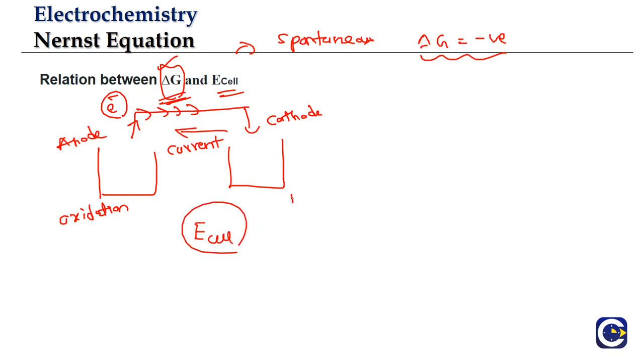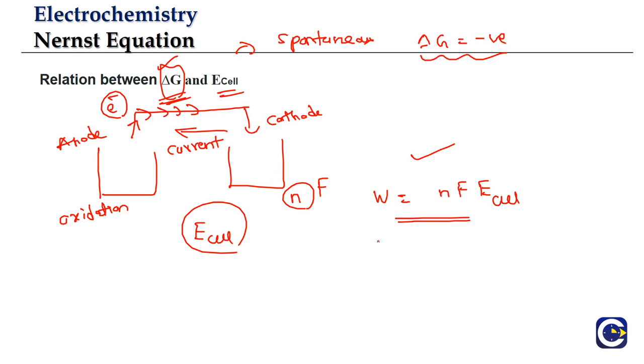If the number of electrons exchanged is n for every 1 mole of the reaction happening, then the charge on n moles of electrons will be nF. The work that has to be done to move this charge will be nF into the potential difference across which we move, E cell. So this much work is done in moving the charge. And where is this work coming from?